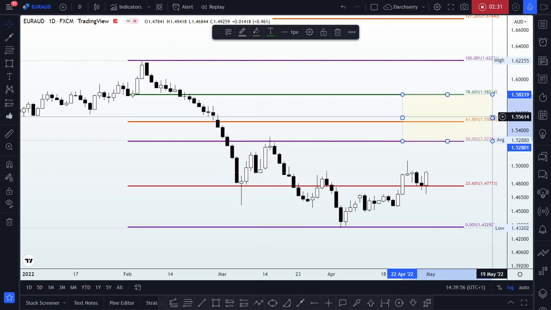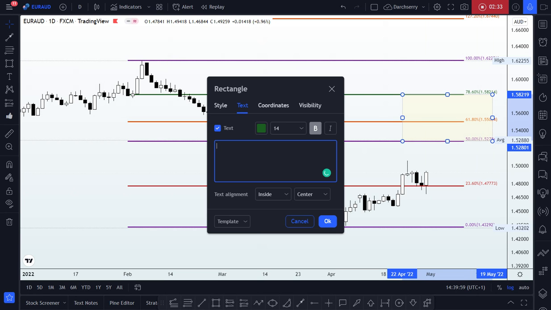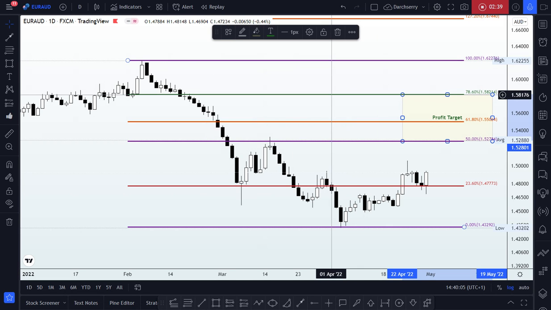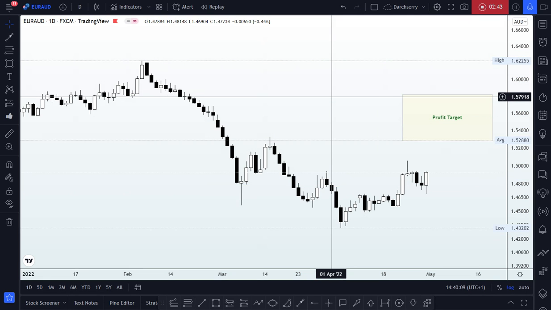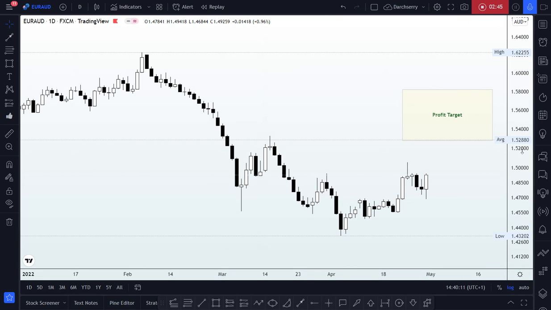So I want to label this area our profit target area. Hold on a second, let me label this. I will delete the Fibonacci retracement tool. That's done its job. So now we are looking for a profit target around this area.